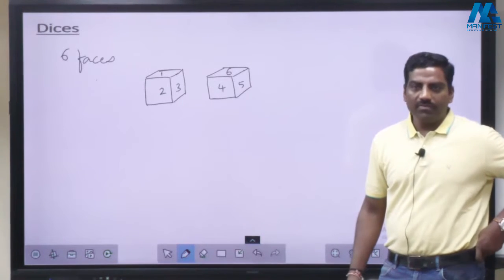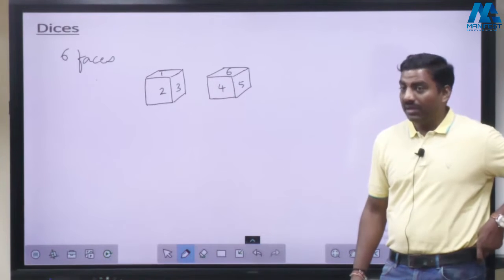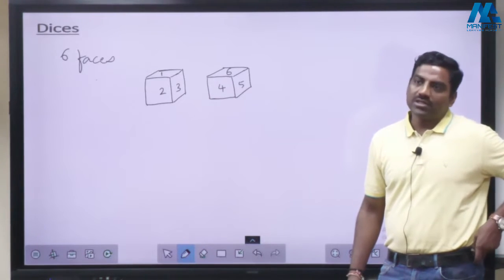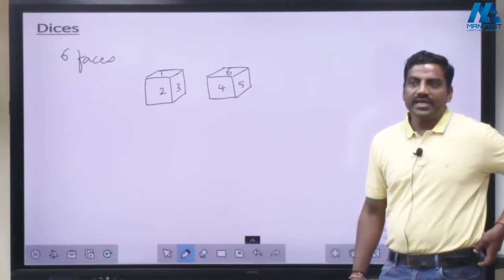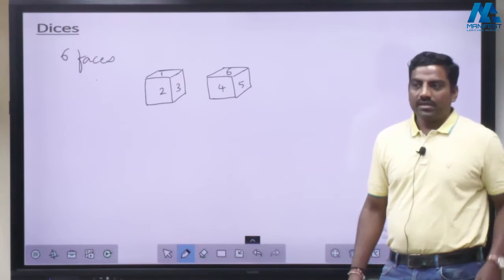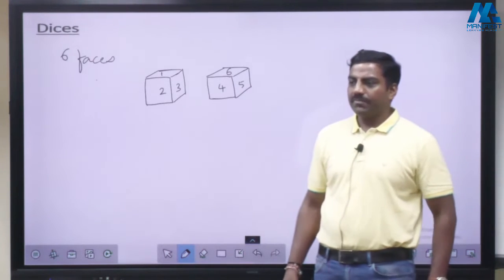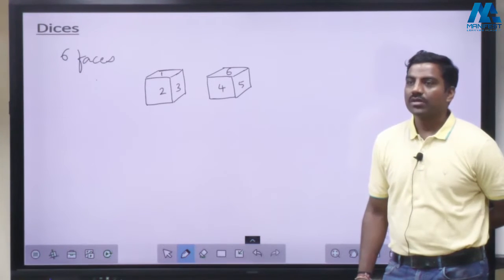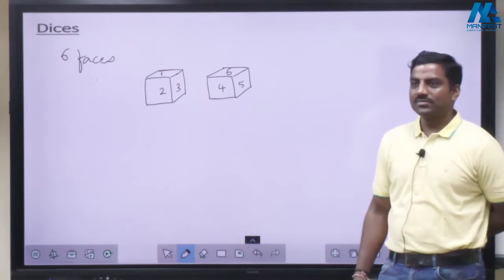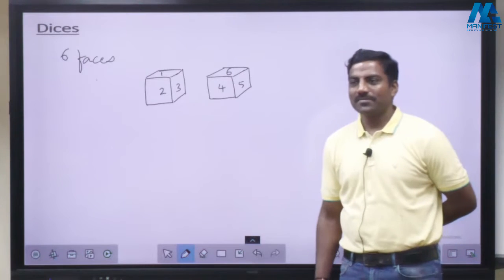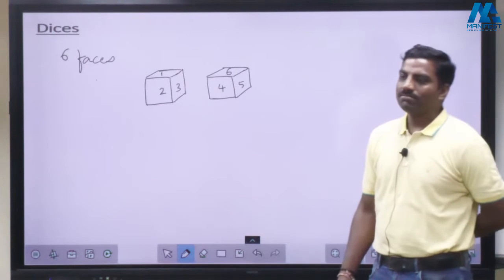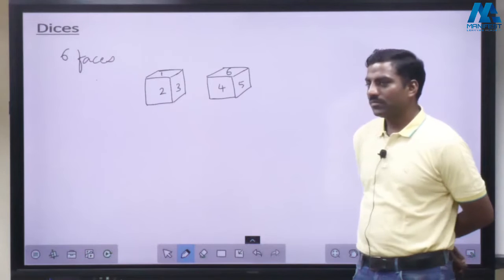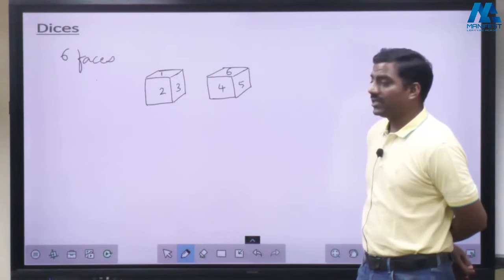Yes, hidden 3. Now can you tell me which side is opposite of which? Which side is adjacent of which? Can you tell? Why can't I make 1 opposite to 4?